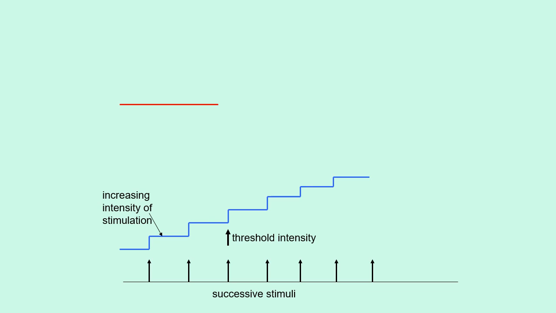And to begin with, the first three stimuli, even though they're increasing in size, we're not getting an action potential, because we're not getting to threshold. So below this threshold, no action potentials.